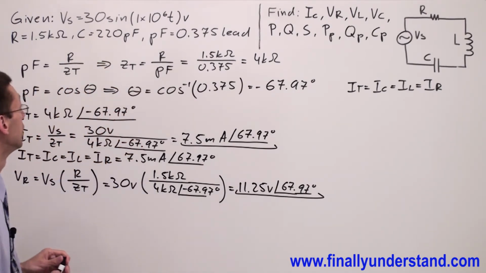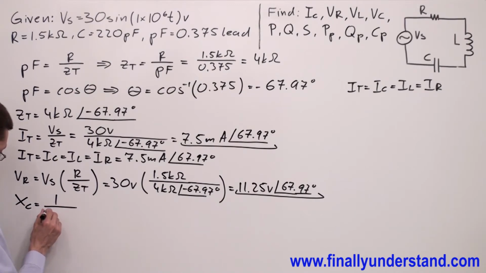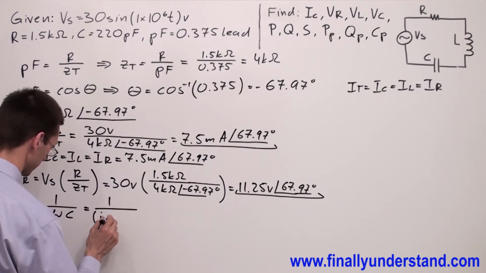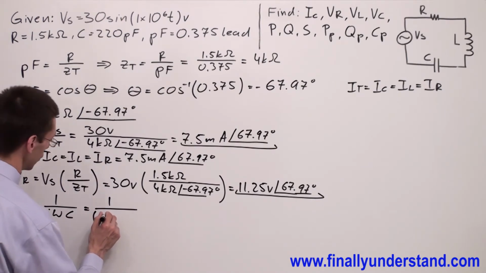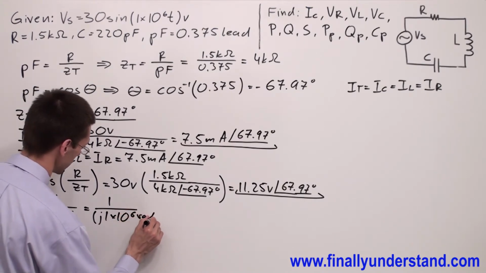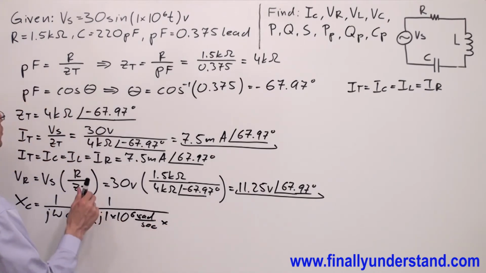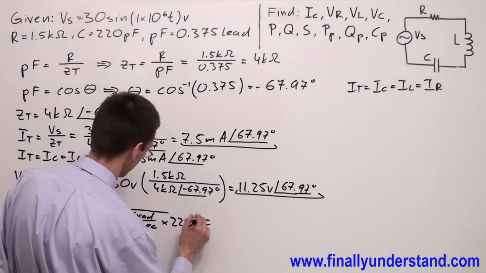Okay, so in order to do so, I'm supposed to write the formula X of C is equal to 1 over j omega C. So this is equal to 1 divided by j, and omega is 1 times 10 to the 6th radians per second, times C, which is equal to 220 picofarads.